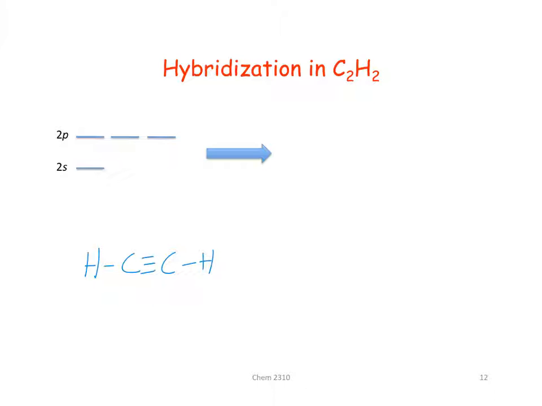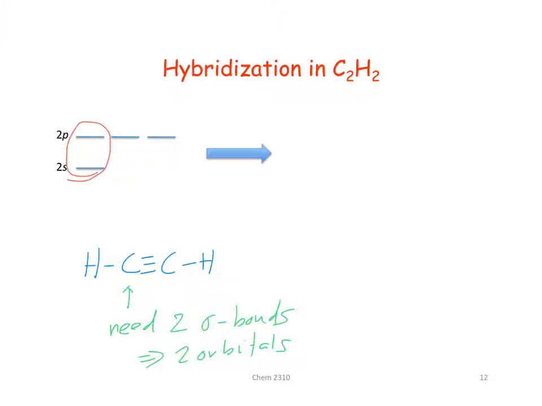Now this carbon needs 2 sigma bonds, so it needs 2 orbitals. If we only need 2, then we're going to use the s, but we're only going to use 1 of the p orbitals.